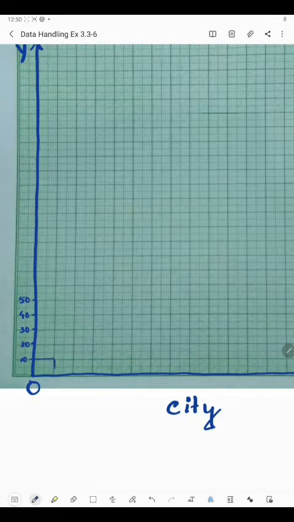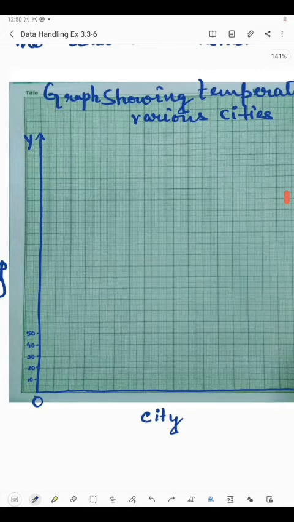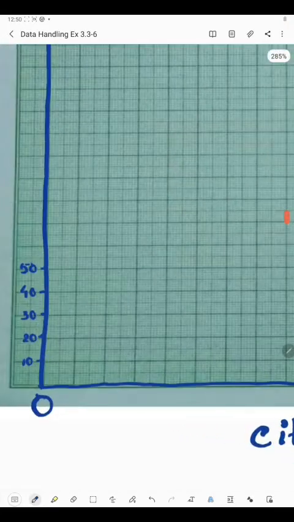So here 1 unit means 1 box, we have taken 10. So scale will be 1 unit is equal to 10 degrees Celsius. Means 1 box means 10 degrees Celsius. See this full box, this full box shows 10 degrees Celsius.